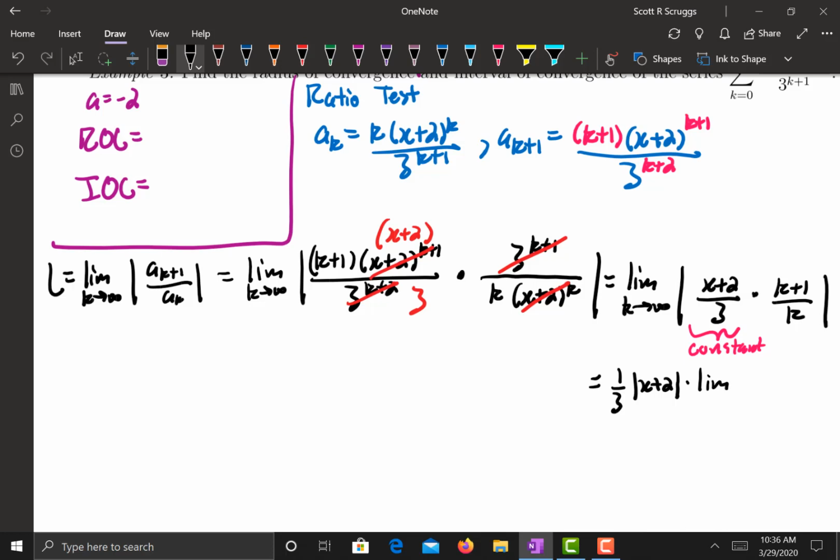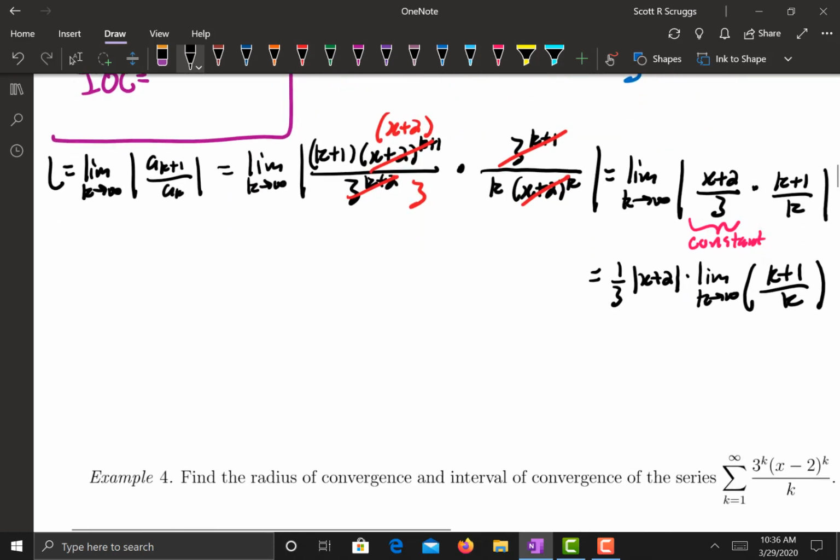Times the limit as k goes to infinity. Now, because k plus 1 and k are already positive, I'm going to remove the absolute value and evaluate it. Because I'm taking k to infinity, I take the ratio of the leading coefficients, and so I get 1/3 times the absolute value of x plus 2.